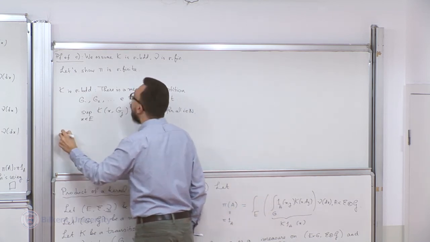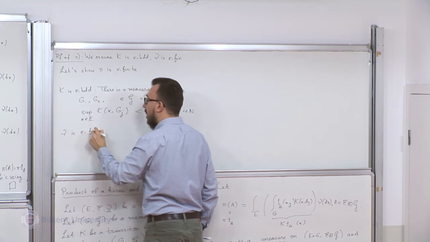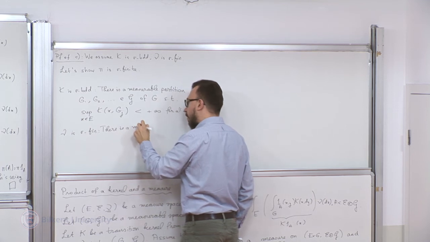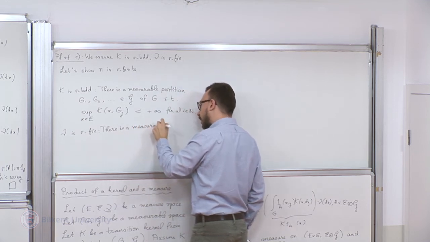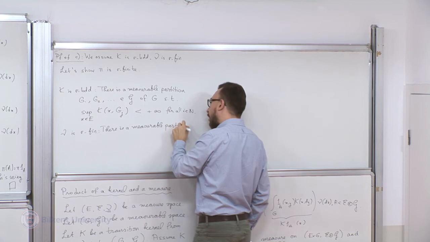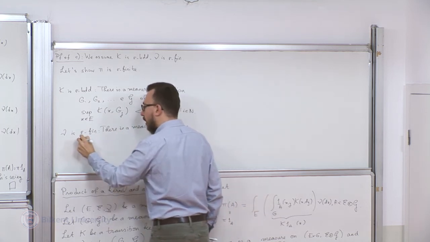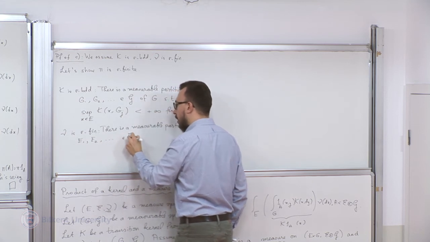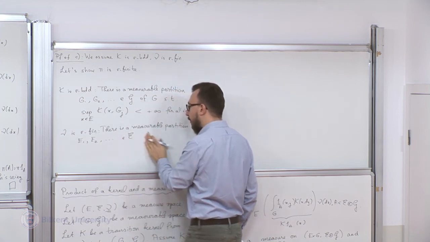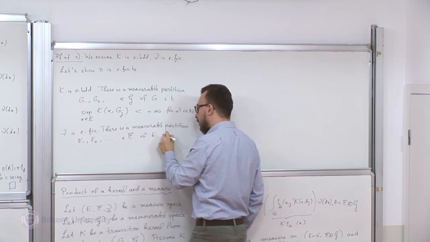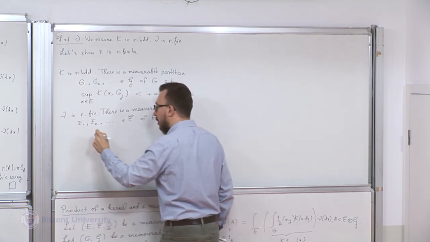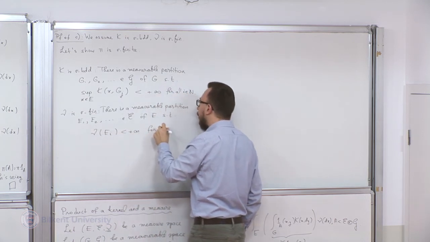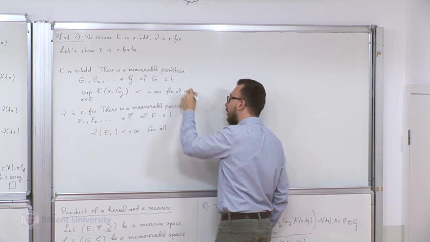And nu is sigma finite means there is a measurable partition, let me call it E1, E2, etc., of E such that nu of Ei is finite for all i. I should have said j here, for all j.